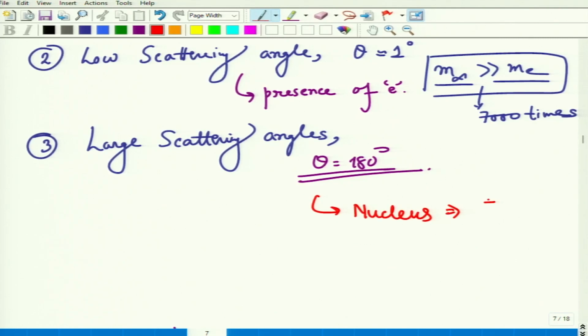So it is actually the positive charge, and almost the mass of the atom is concentrated in the nucleus.